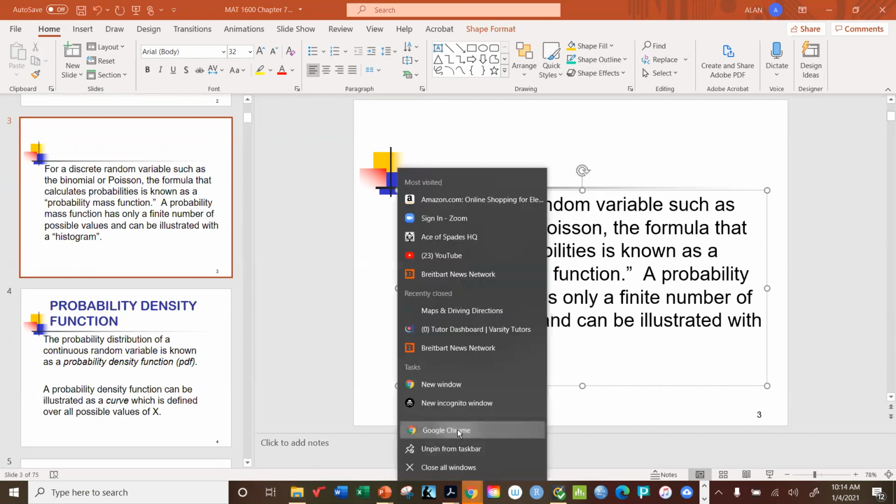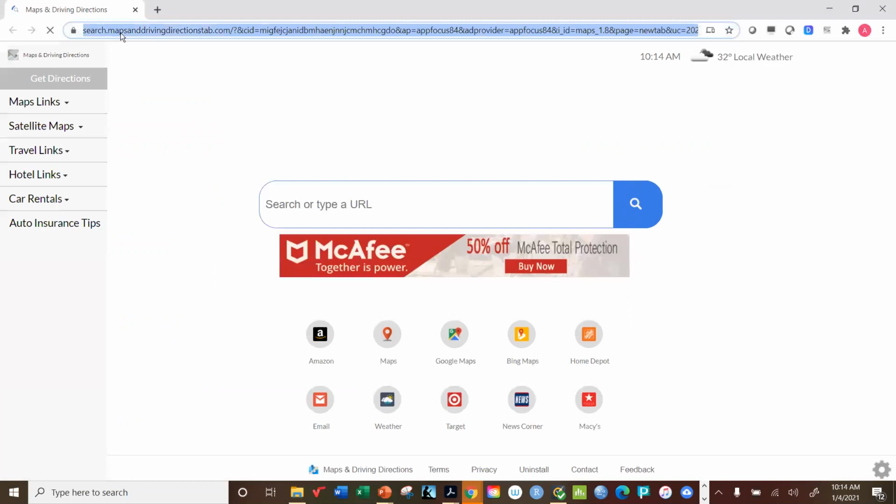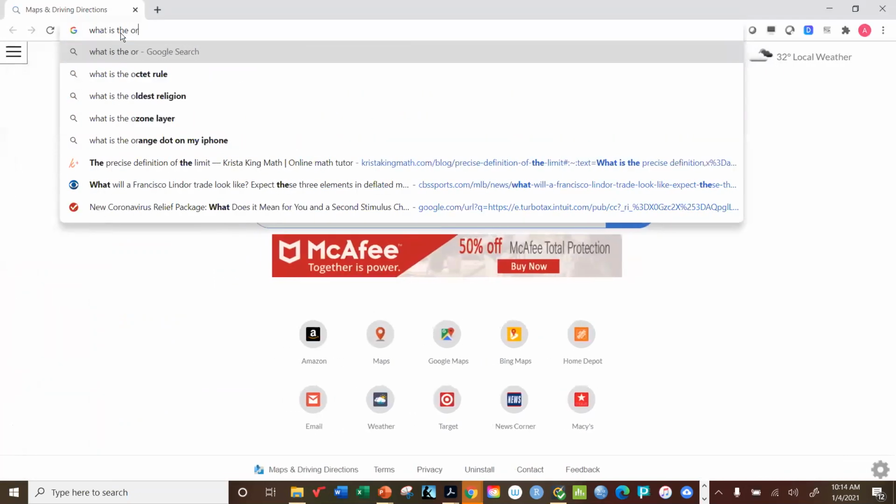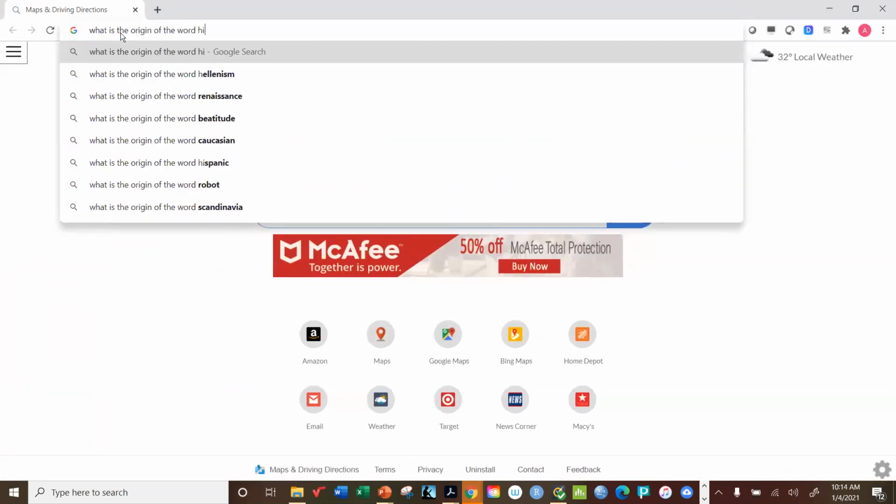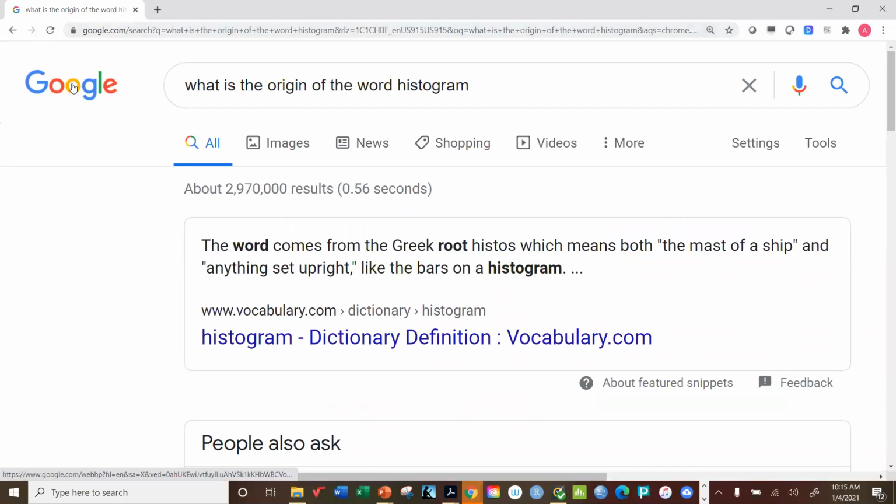In fact, since we're on the topic, why don't we find out? You might want to know. It could come in handy one day. It comes from the Greek root histos, which means the mast of a ship and anything set upright, like the bars on a histogram.